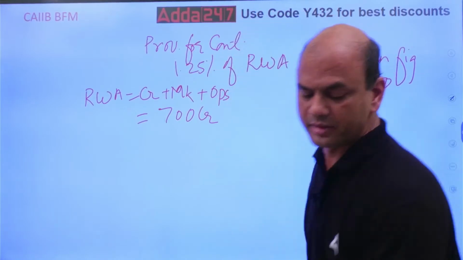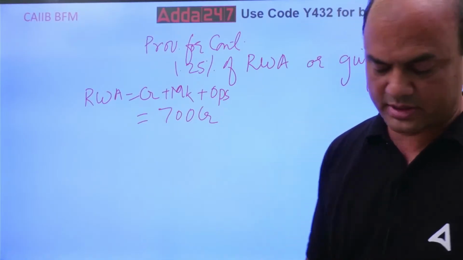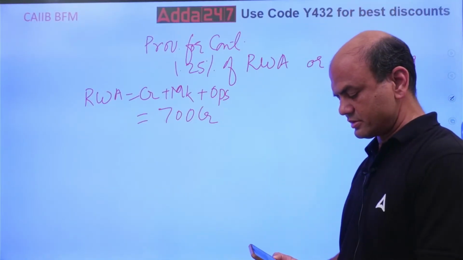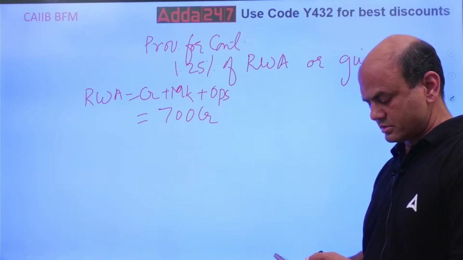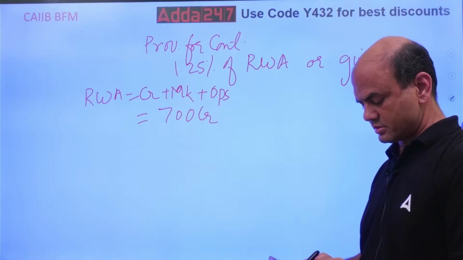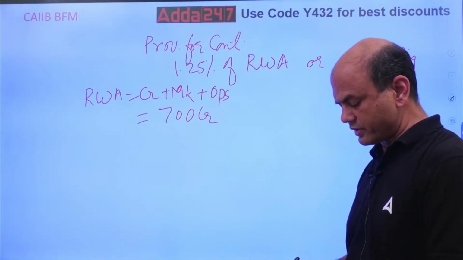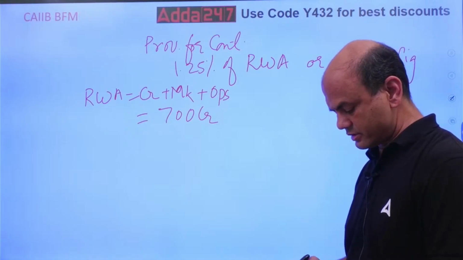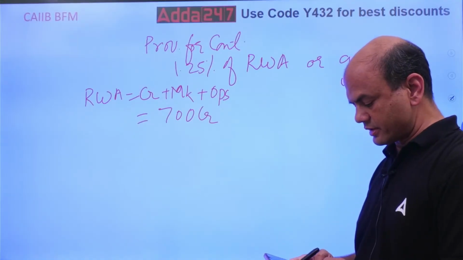Let me also try it. Everyone, 1.25% of 700, what is the answer? 1.25 upon 100 into 700.